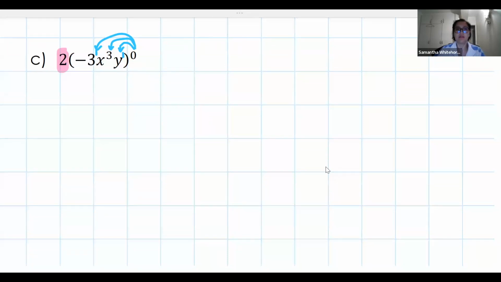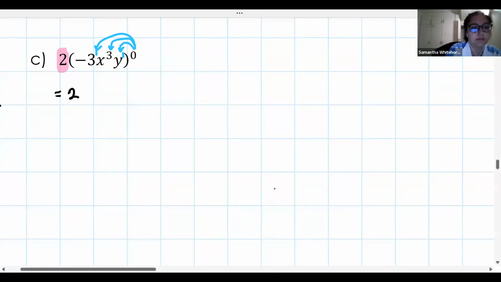Right, would anyone like to raise their hand to explain or tell us how they got their answer? Fatima? No? Teto? Hello, ma'am. So ma'am, since 2 wasn't inside the brackets, I ignored it for a while. So I ended up just focusing on what was in the brackets.